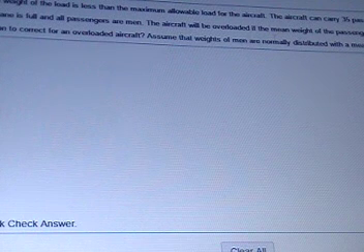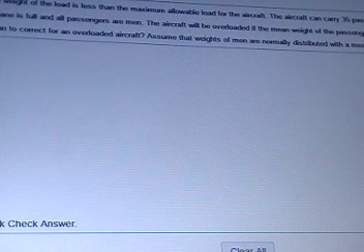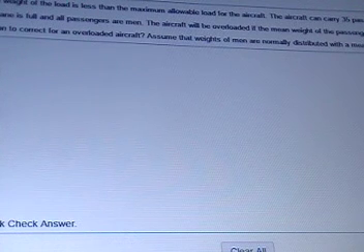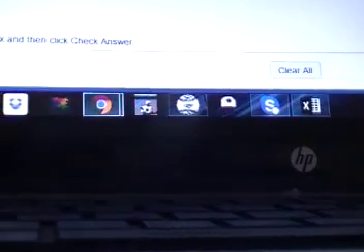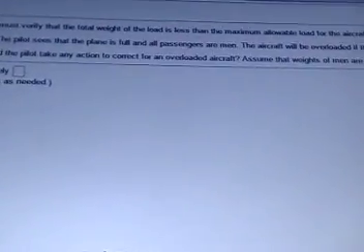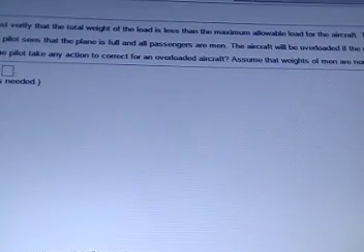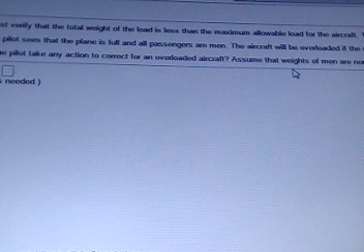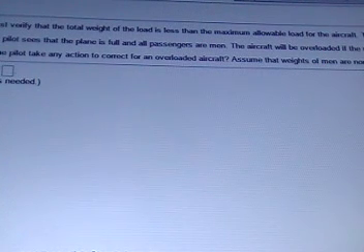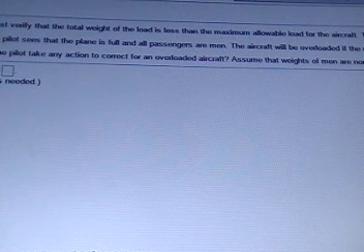If the average weight on the aircraft is greater than 165 pounds, then the aircraft could be overloaded and that could cause a problem. So they would be worried about, we don't want to overload it and maybe the plane would crash or something. So the probability of being greater than 165, using a normal problem, because this says assume weights of men are normally distributed with a mean of 173.4 and a standard deviation of 37.2.